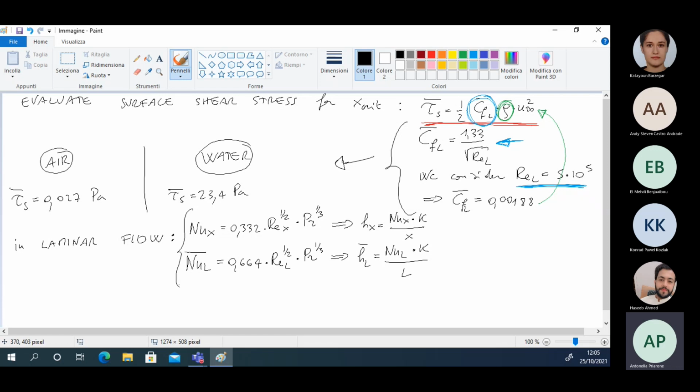Now I apply the correlations for the two fluids, in one case for air and in one case for water.